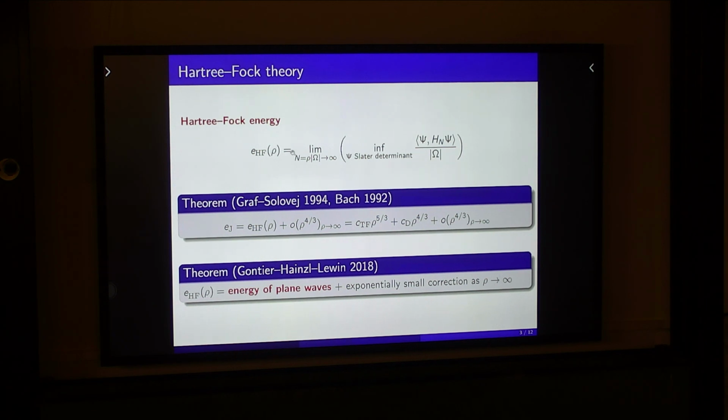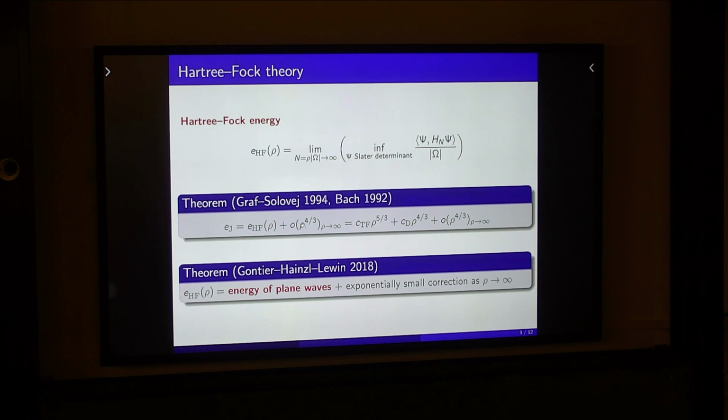This is pretty easy to calculate for large rho. And one mathematical statement, maybe the only rigorous mathematical statement about the energy behavior for large rho of this jellium model, goes back to Graf and Solovej almost 30 years ago, based on a correlation inequality by Volker Bach, where they state that the energy of jellium is to leading order given by the Hartree-Fock energy plus lower order.